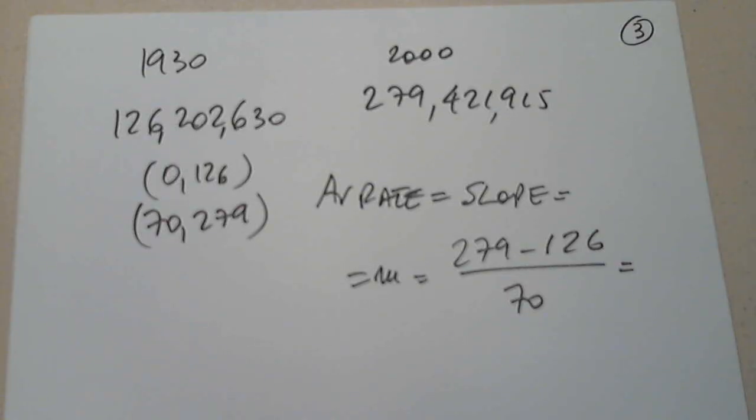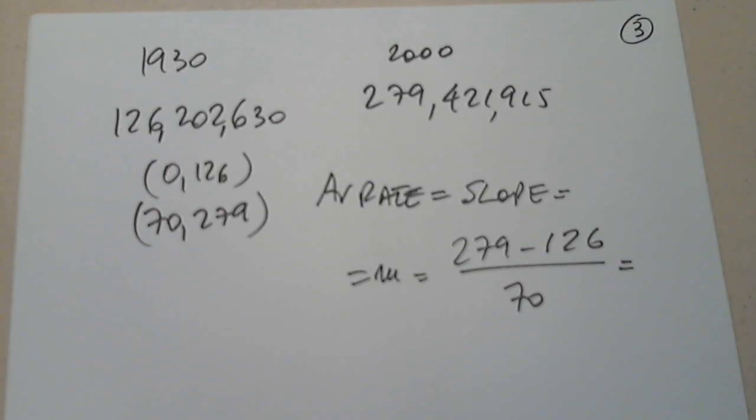Now, we have to look and see what it says. The slope of the line through the points is approximately 2.1 million? This is another unacceptable error here.